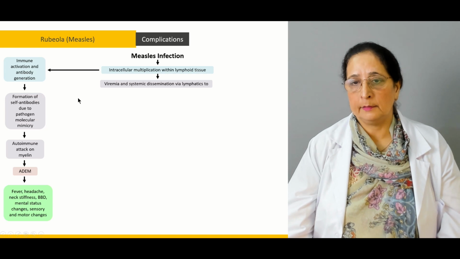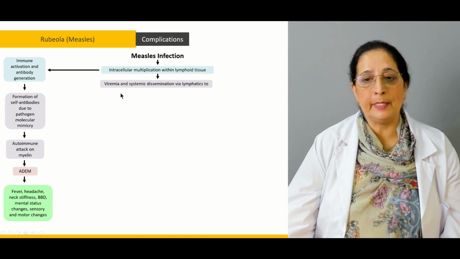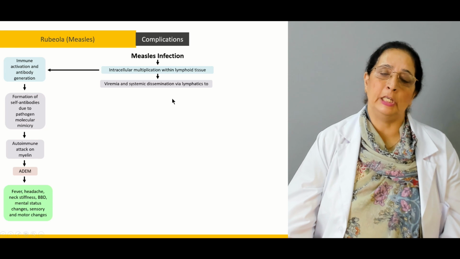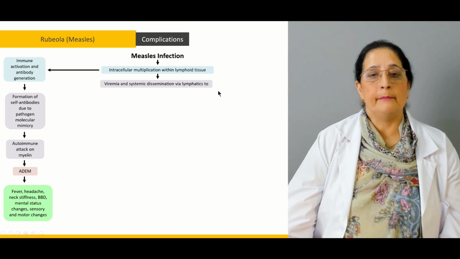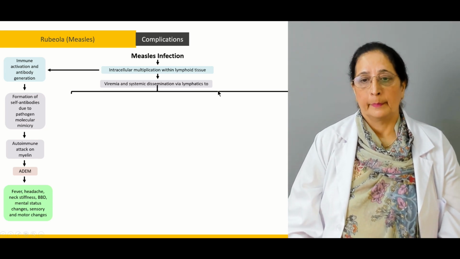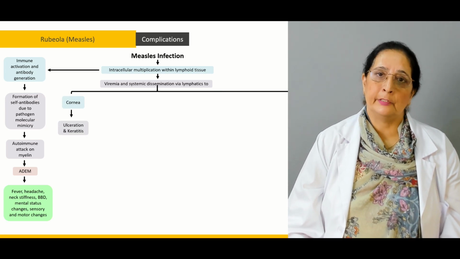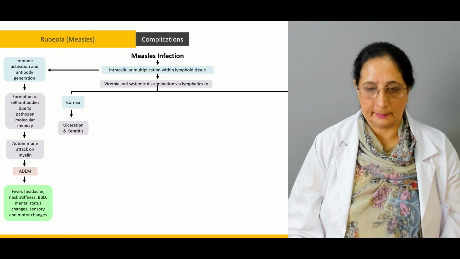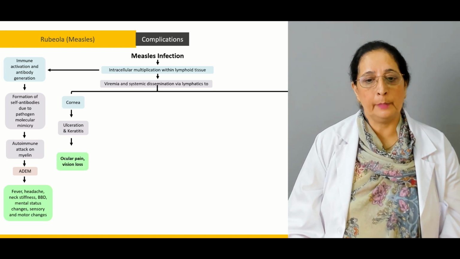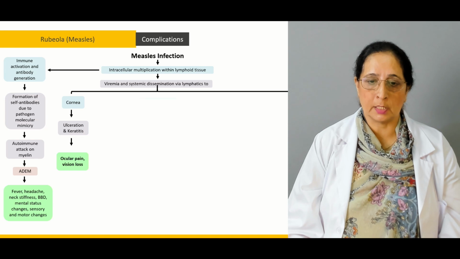Then the other scenario is viremia and systemic dissemination via lymphatics to the cornea, causing ulceration and keratitis, ocular pain, and vision loss.